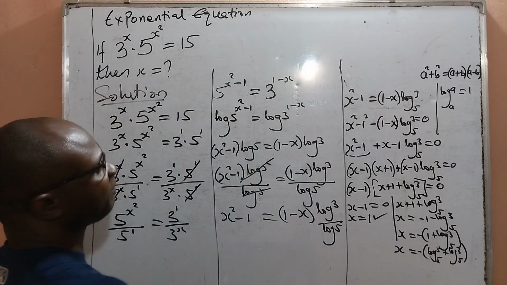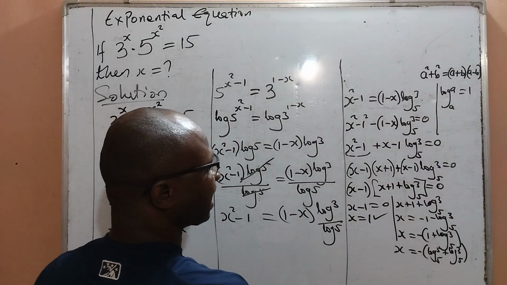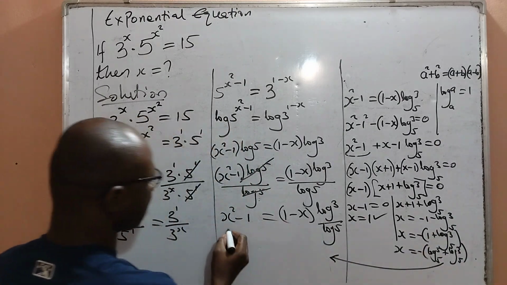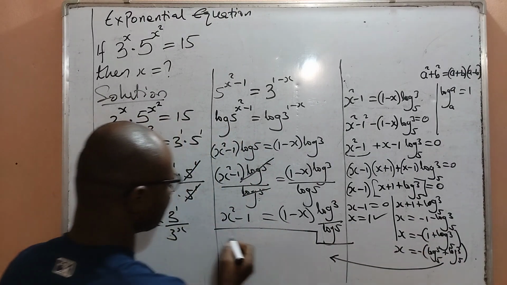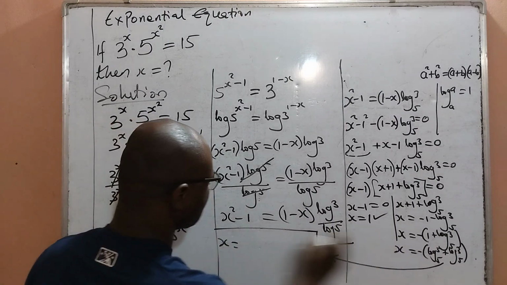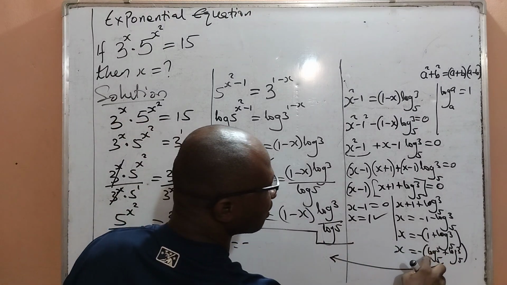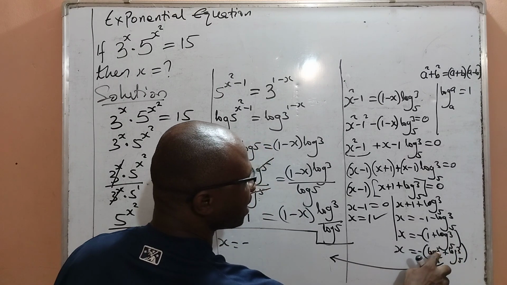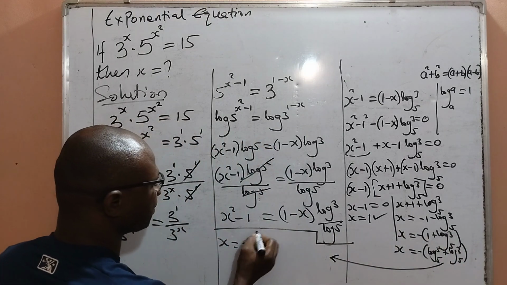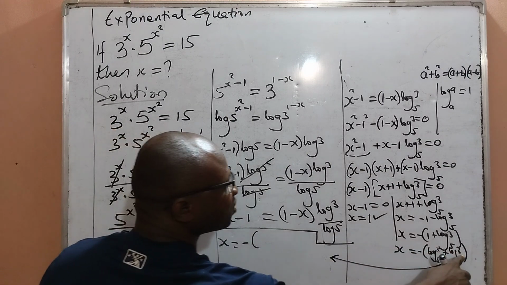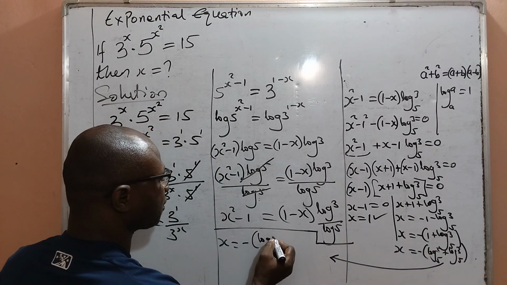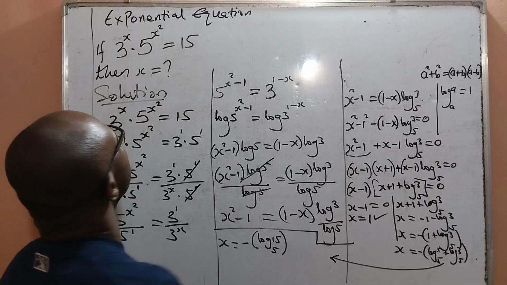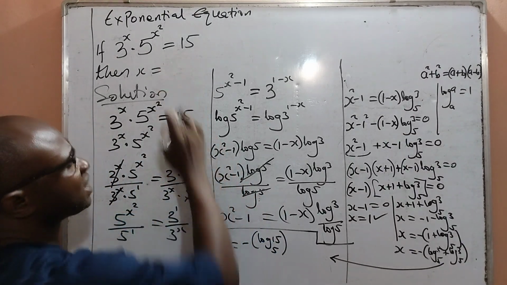And this is going to give me my final answer. I can now multiply the two to have 5 times 3, which is log 15 base 5. Very correct. So, in conclusion, the two answers we have for x.